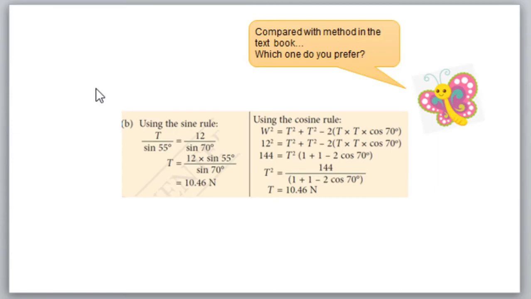So for my students, I suggest you use the table diagram because it shows step by step on how to solve the problem related to forces in equilibrium and also the resultant and resolution of forces.